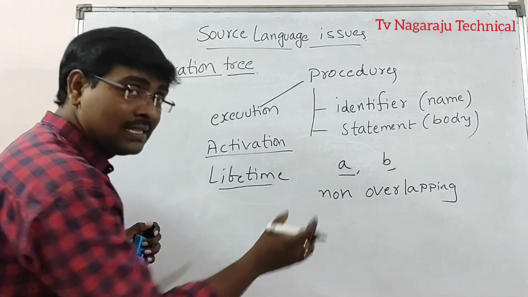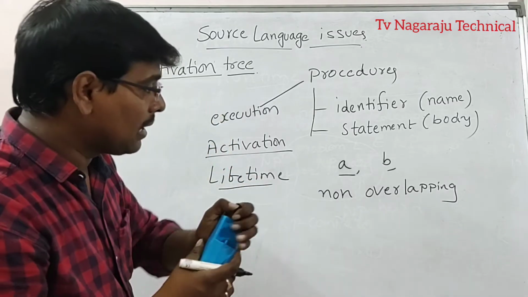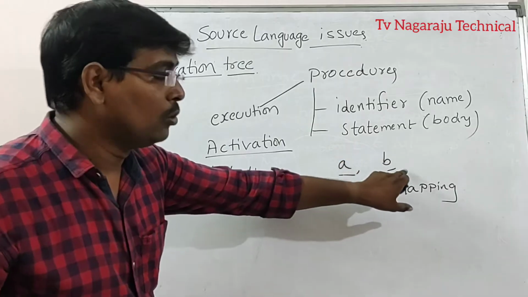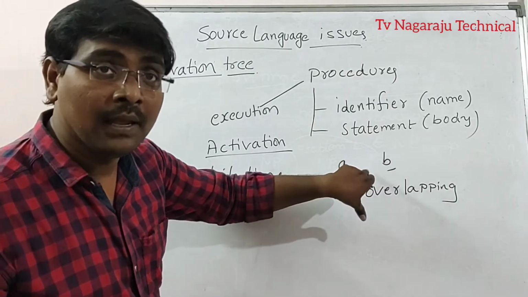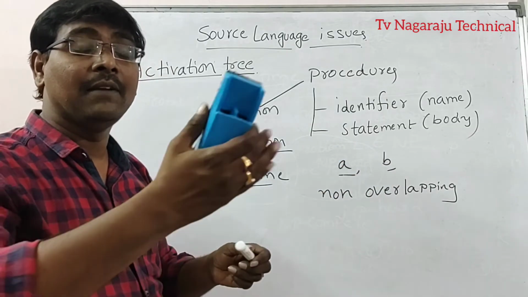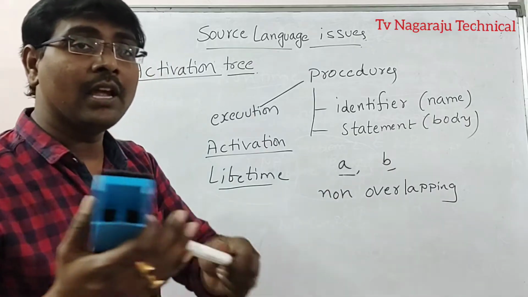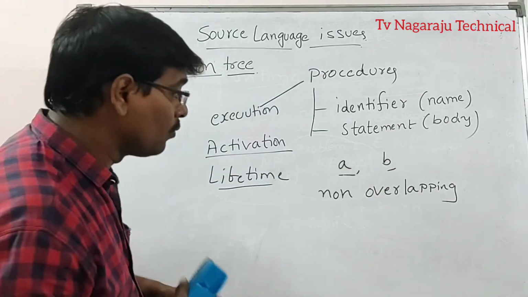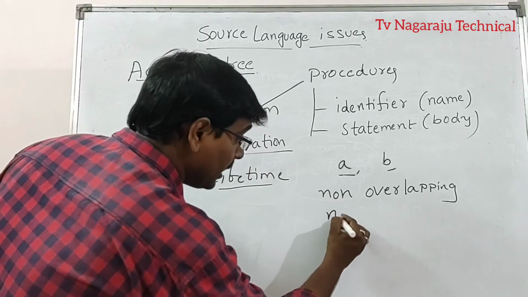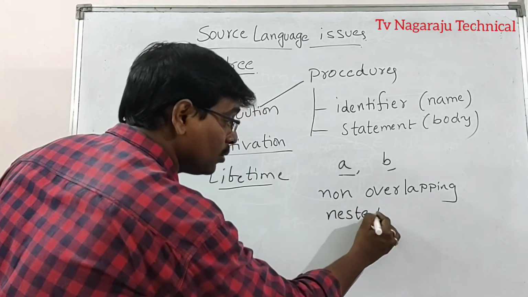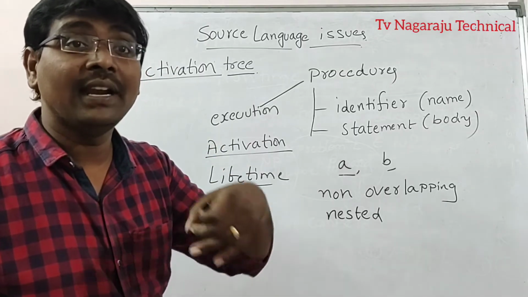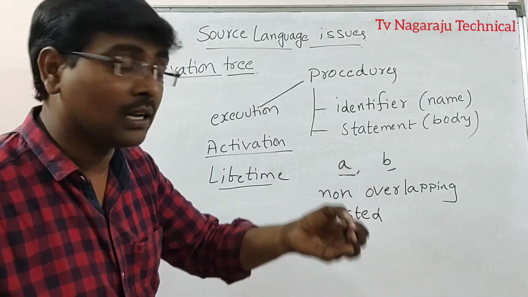Non-overlapping means after completion of procedure A's execution, we move to procedure B. Simply, after activation of A, we move to activation of B. Nested is also possible, which means one procedure is executed inside another procedure.